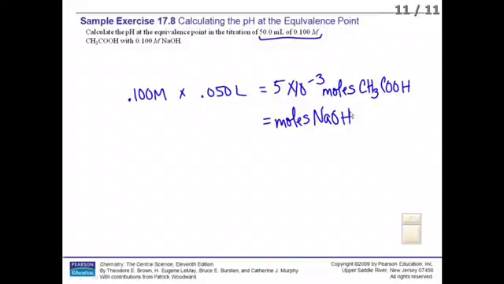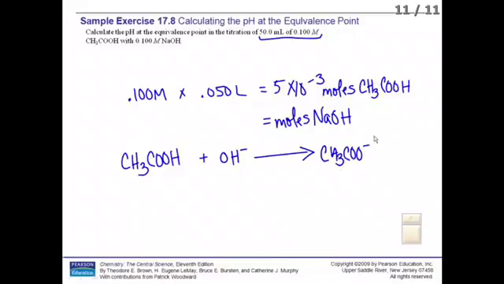Okay, so the way that they also said this is that if you think about the chemical reaction itself, the CH3COOH plus the hydroxide, which is what we're all worried about, what you'll get is CH3COO negative and your water.